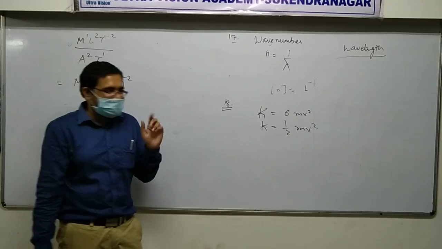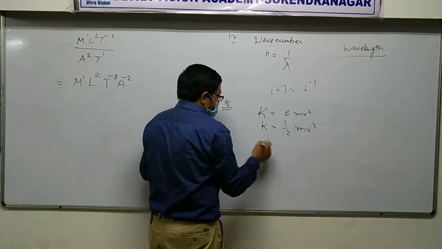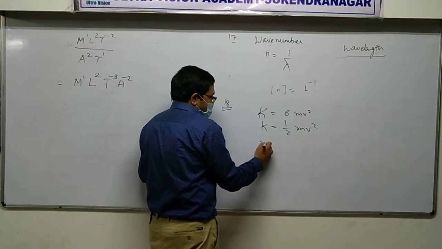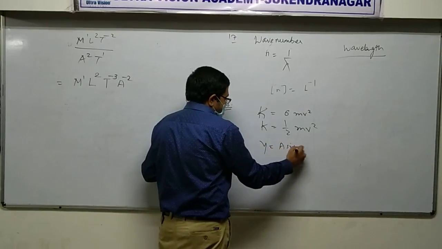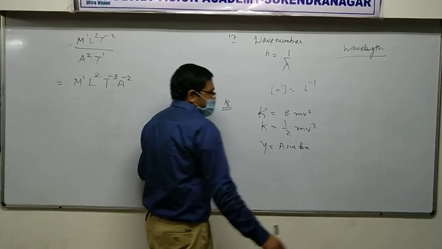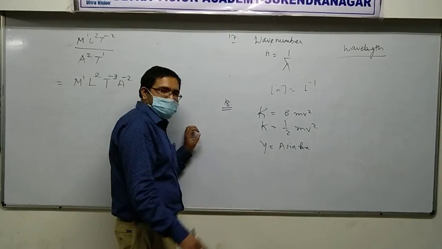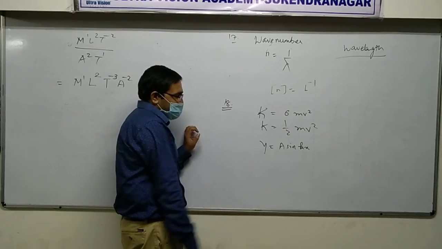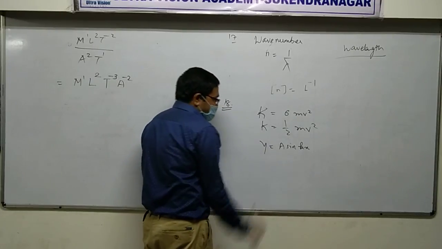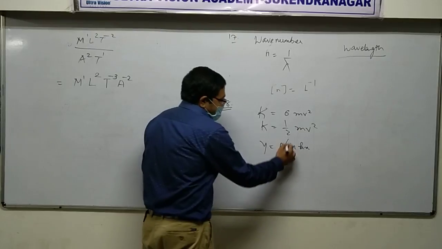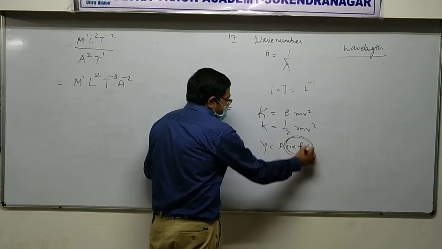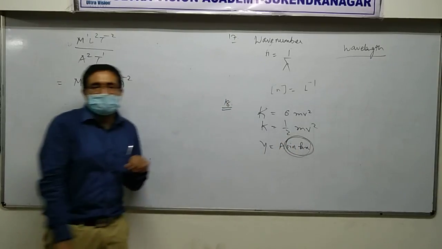Sure. Let's take another example. Suppose you have got something like y equal to a sine kx, for example. I'm just writing random equations. All this will help you understand the question. If you have got something like this, sine theta, this whole thing is dimensionless, correct or not?